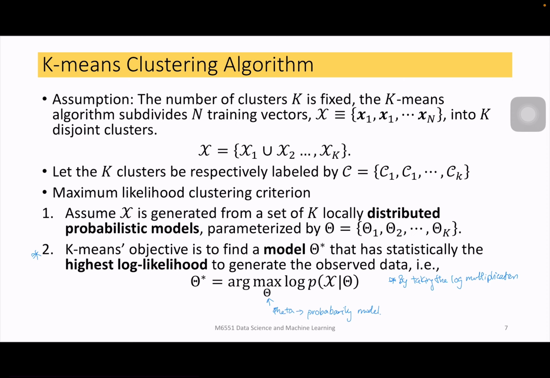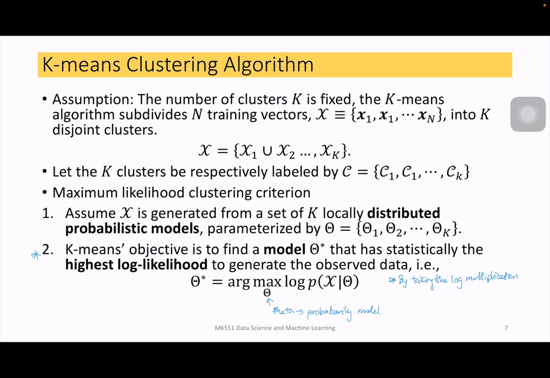K-means clustering algorithm. The assumption is that the number of clusters is fixed. The K-means algorithm subdivides n training vectors, X equals x1 to xn, into k disjoint clusters, so X equals X1 union X2 to Xk.